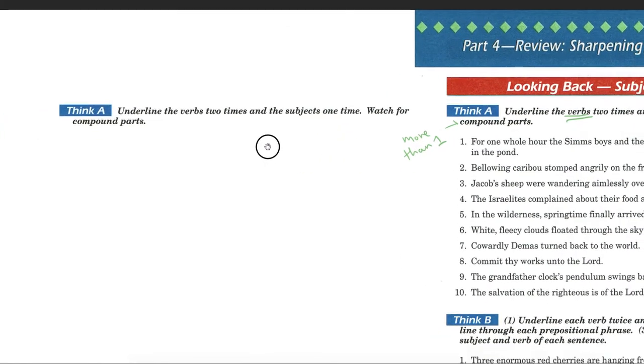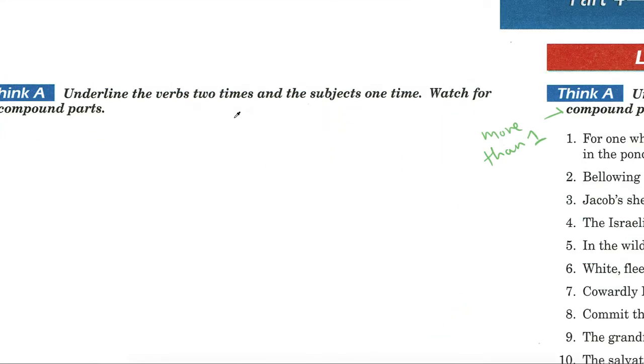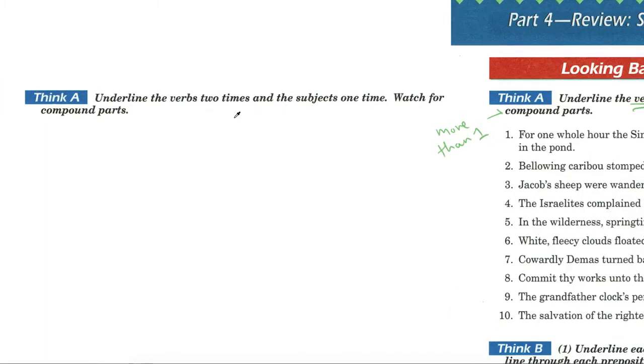I'm going to go over verbs and subjects real quick. You know that subjects are what the sentence is talking about, the who or what the sentence is talking about. The subject is always the one doing the main verb in the sentence.